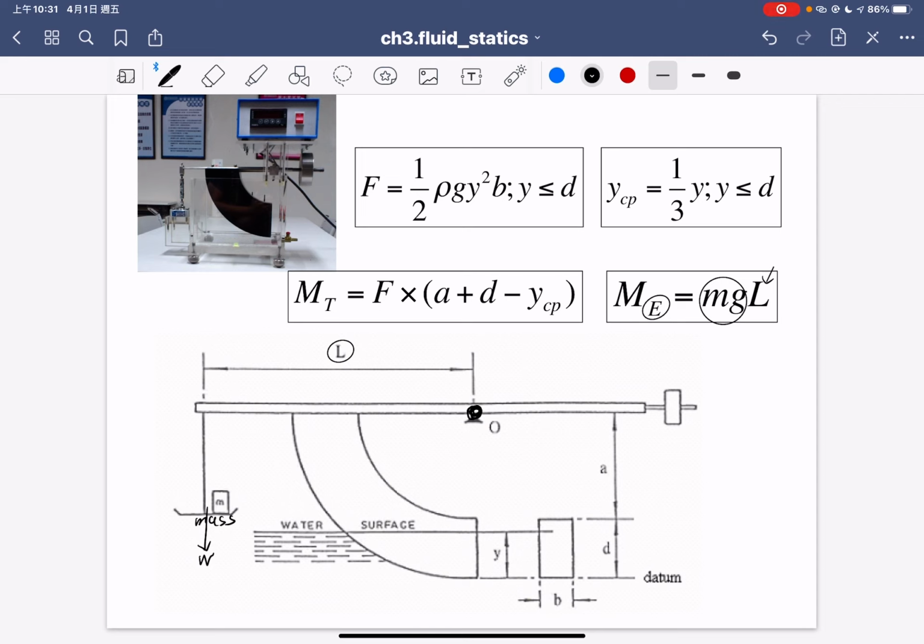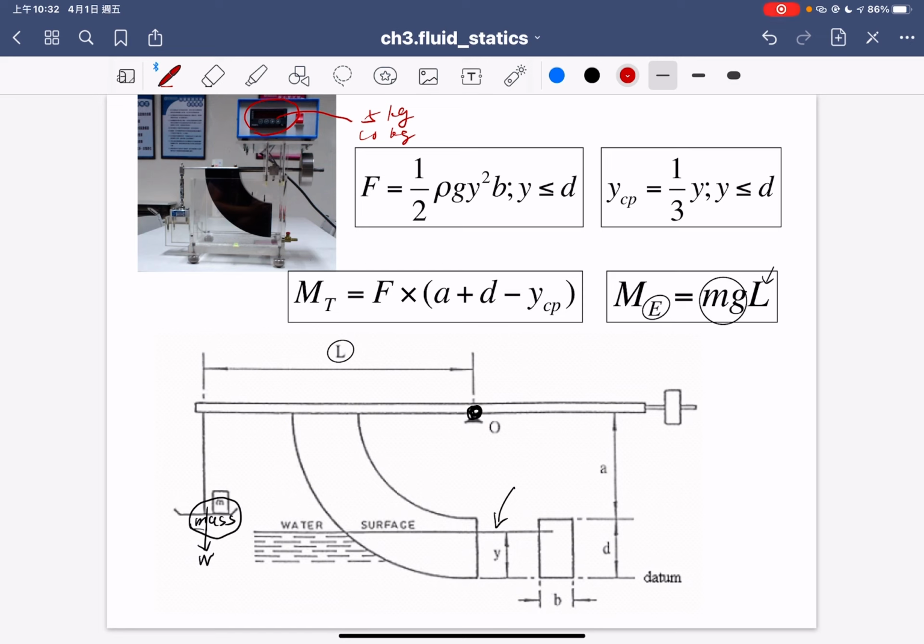So you can put the different water inside, and you can have the different mass balance. The mass, where is the mass? We have a recorder in here, and the recorder will show maybe 1 kilogram or 10 kilogram.